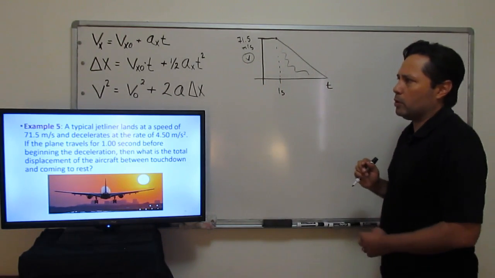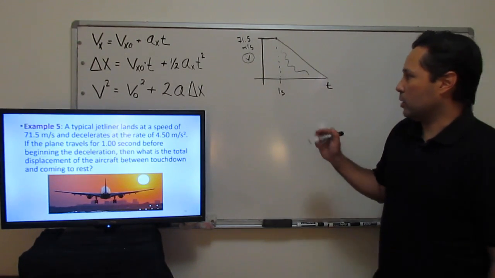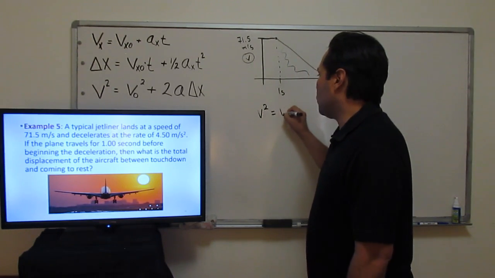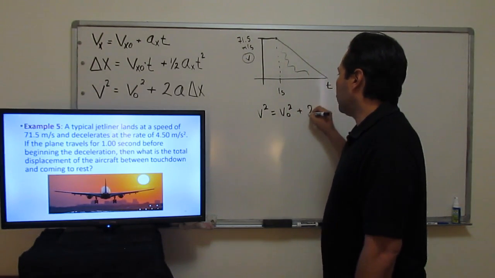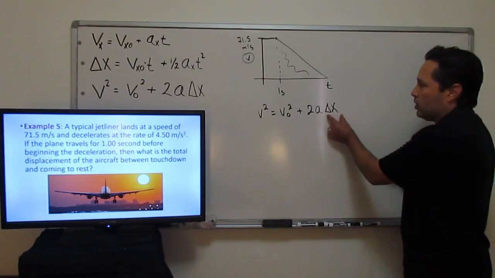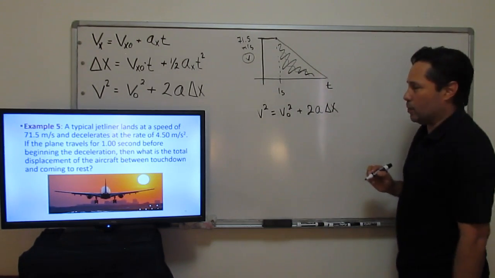So we're going to plug those together to solve for our answer. The formula is v squared equals v naught squared plus 2 times acceleration times the displacement. And again, we're solving for the displacement for this region while there was negative acceleration.